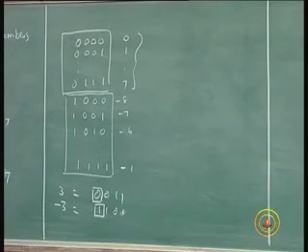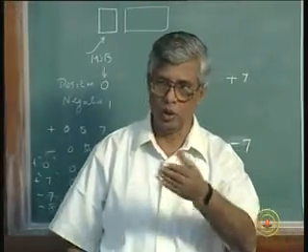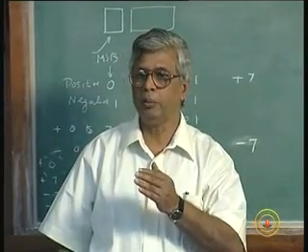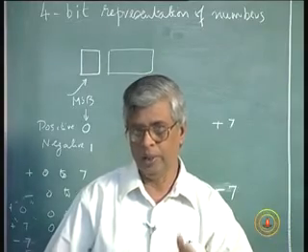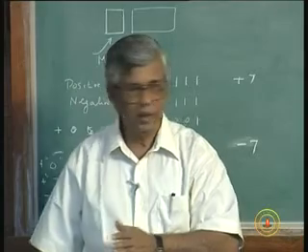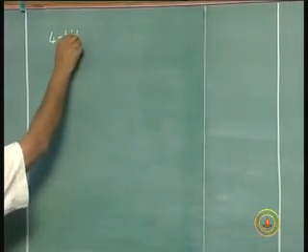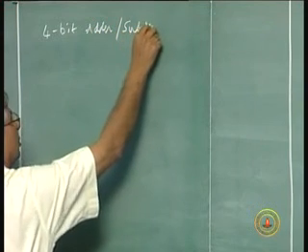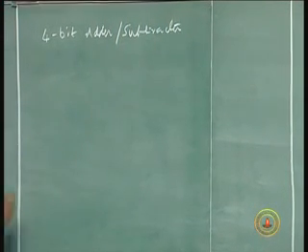Now if you look at our addition, subtraction being the 2's complement addition, which we showed in the previous lecture, and 2's complementing can be done by passing the bits through an exclusive OR controlled by a bit which will decide whether an inversion is required or not required. Then I can draw a general 4-bit adder subtractor.